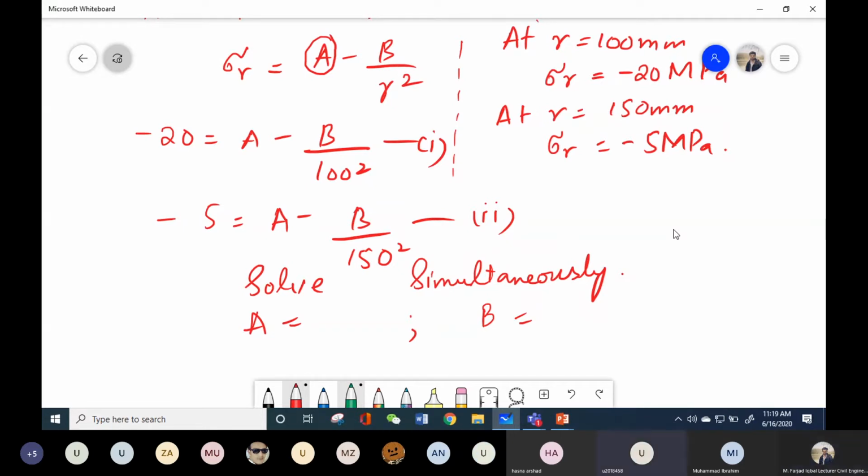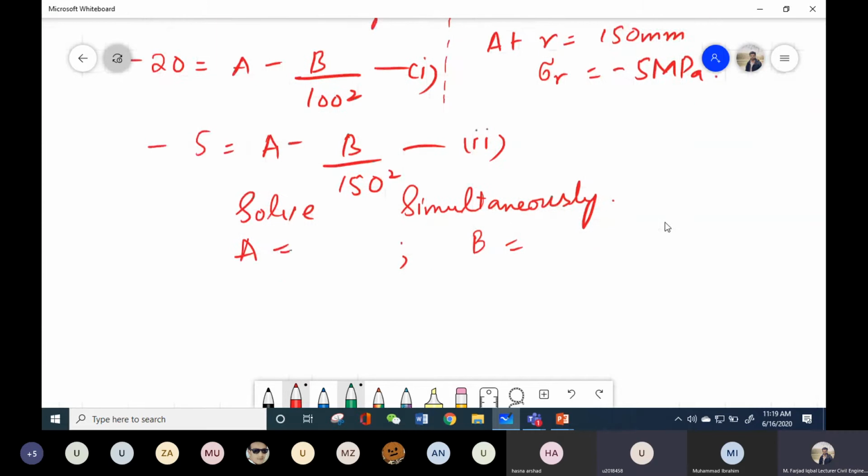Sir, B की value 270 exponent 3. What is the value? 270 exponent 3. Yes. Can anyone else compare this? So the value of B is 270,000. 3 zeros.